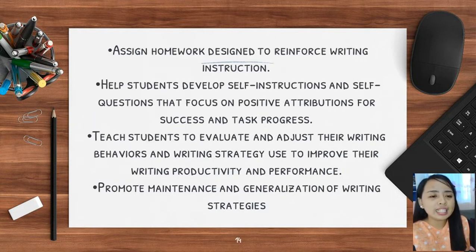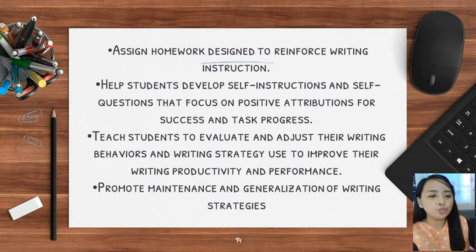So next, assign homework designed to reinforce writing instruction. So a good assignment helps the professors and also the students to pursue the learning goals. So as a future educator, it is very important that we also give assignments or homeworks to our students for them to practice writing or to reinforce writing instruction.